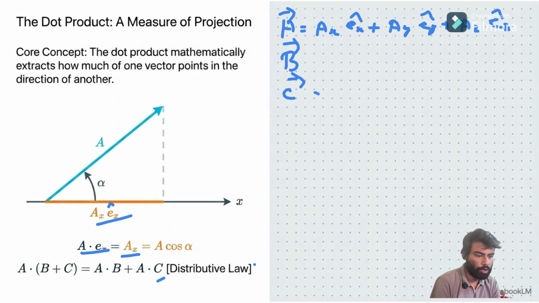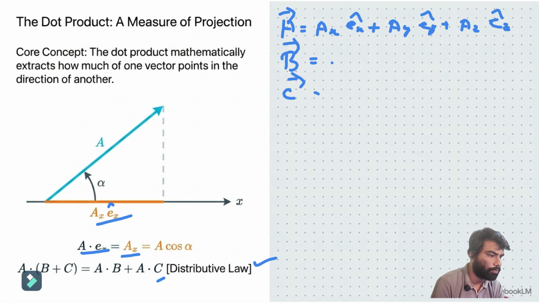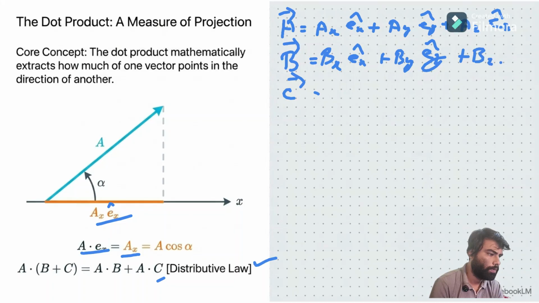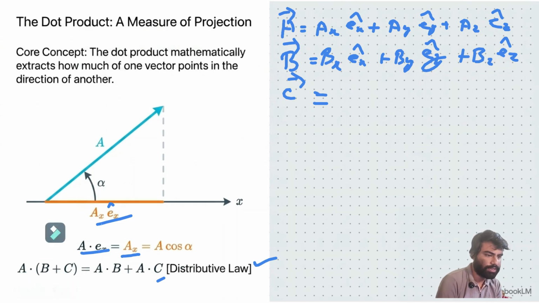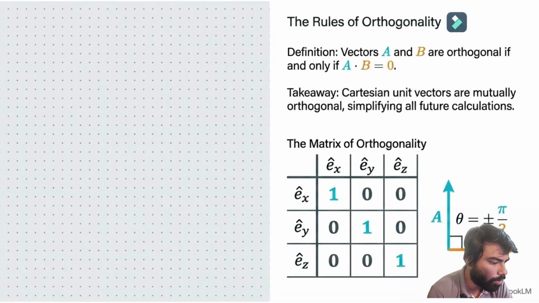This law is called the distributive law, and you can verify it yourself by writing vector b as bx i cap plus by j cap and so on, and check whether these vectors follow the distributive law or not.